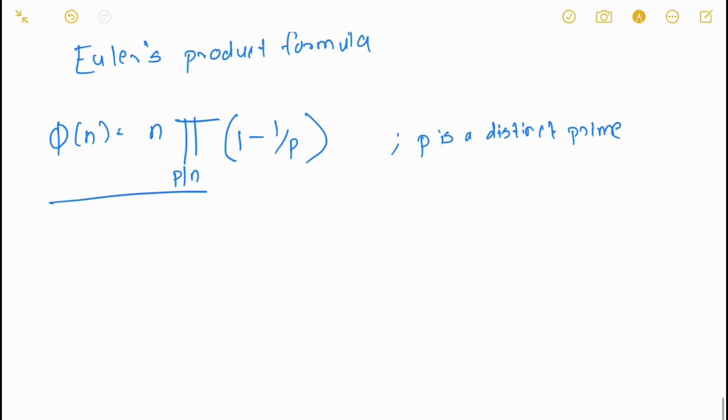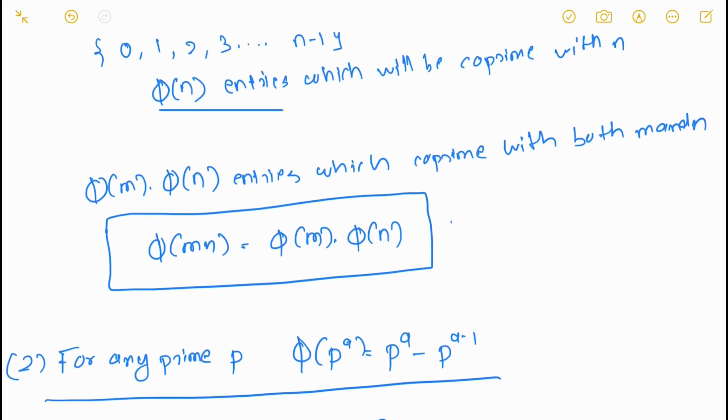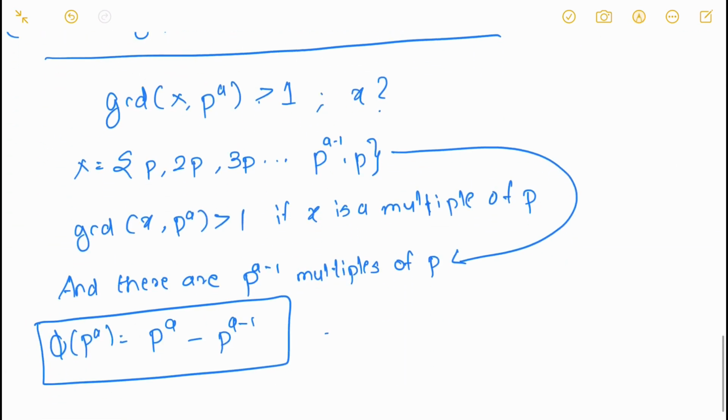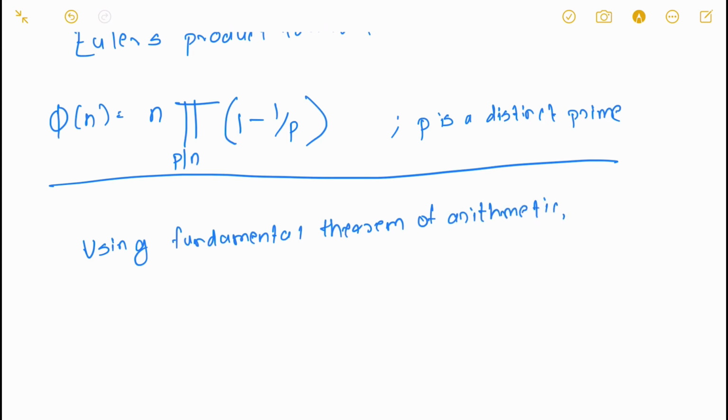So now we will try to prove this using the two properties that we saw earlier: the first one being the multiplicative property and the second one being phi of a power of a prime. Using the fundamental theorem of arithmetic, we know that we can write n as a product of distinct prime factors.